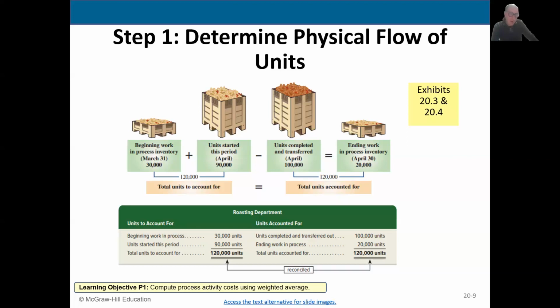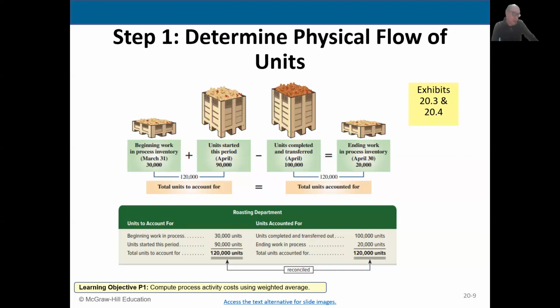This process of reconciliation helps us to ensure that our physical flow of units balances out. You see?